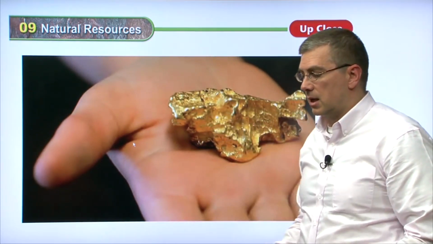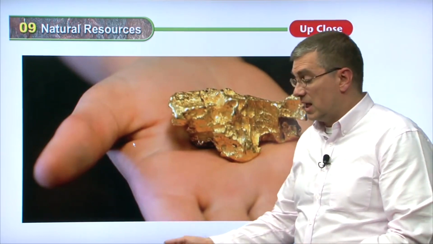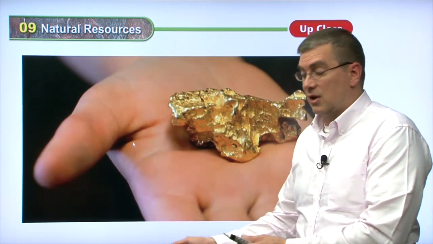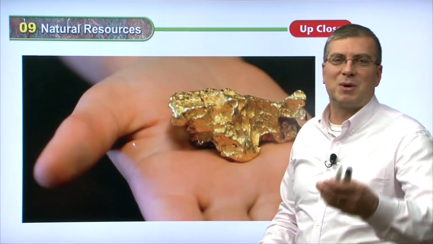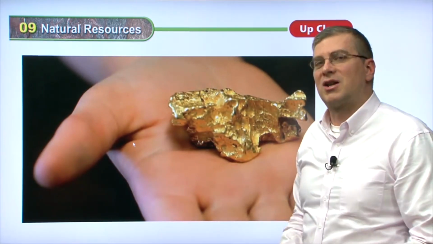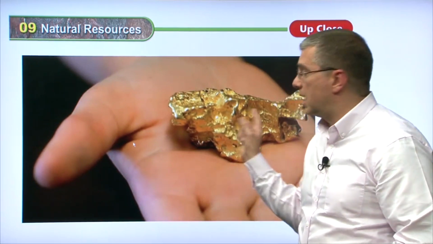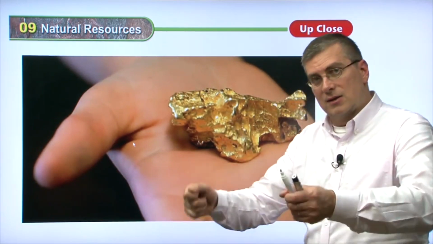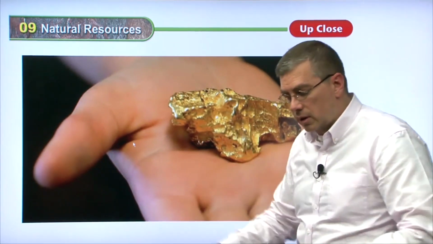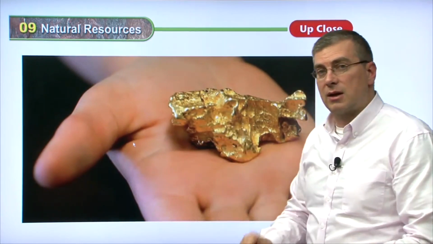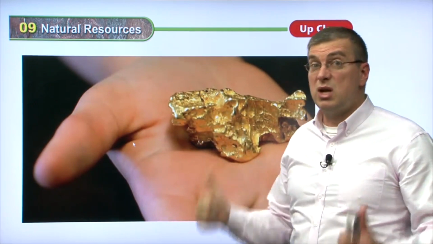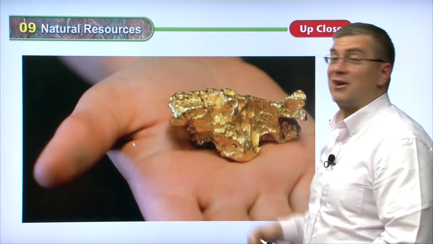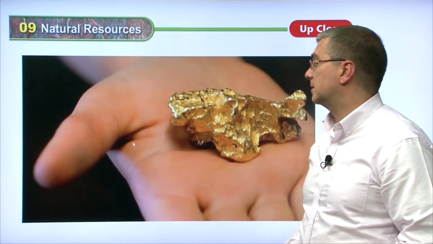Especially if you go into nature and you just see, if you're very lucky, gold nuggets lying around. A long time ago, especially in the American West, old prospectors would go around looking for gold nuggets, and they would take the sand and the soil with the water, swirl it around, and try to find gold nuggets on the bottom. If some guy found a gold nugget this big, he would really, really be happy. He would have a lot of money right there. That's worth a lot of money.